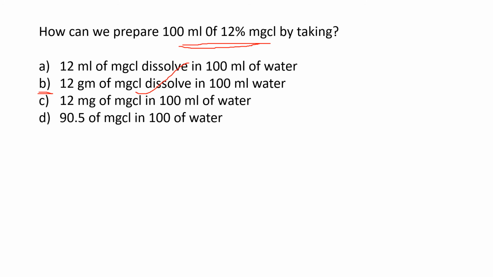The unit used here is a little bit confusing. In option A, they are dissolving 12 ml of MgCl in 100 ml of water, in option B 12 gram of MgCl is dissolved in 100 ml of water, and in the third option 12 mg of MgCl is dissolved in 100 ml of water. So the unit is gram. Be very sure of this.